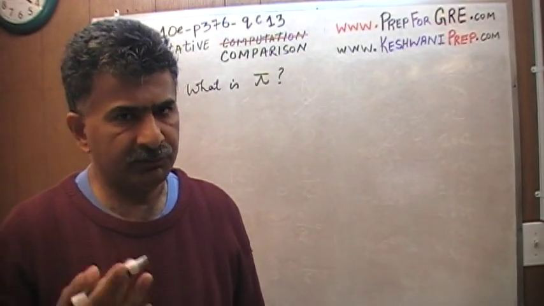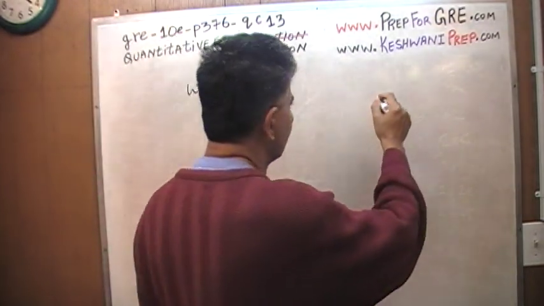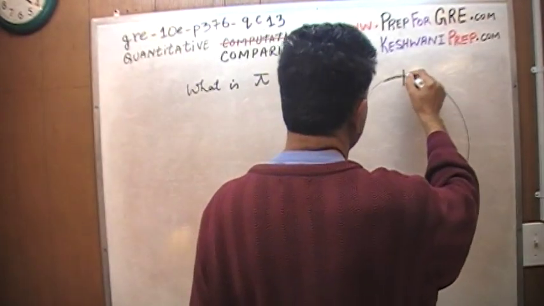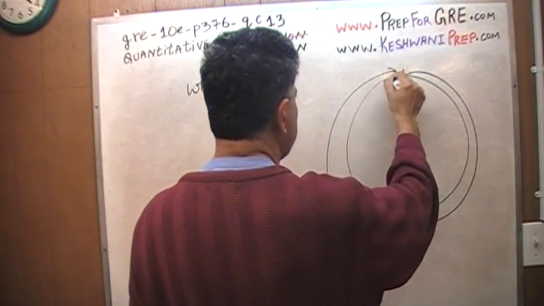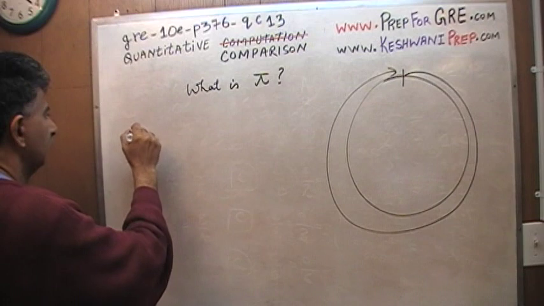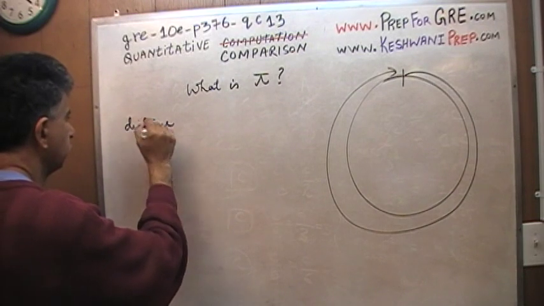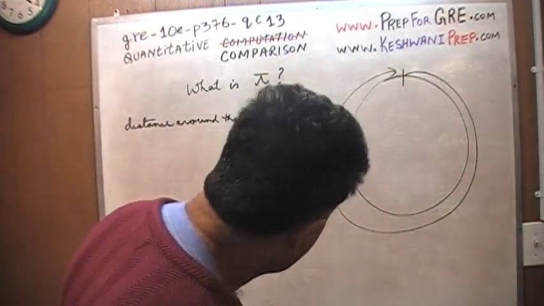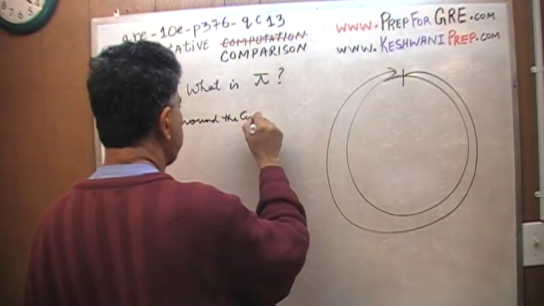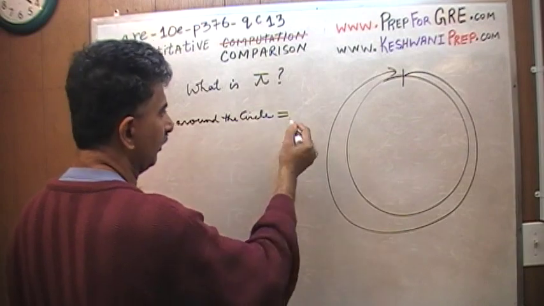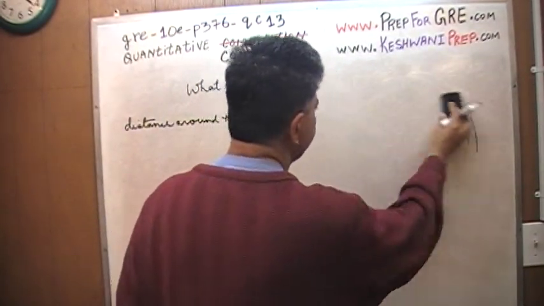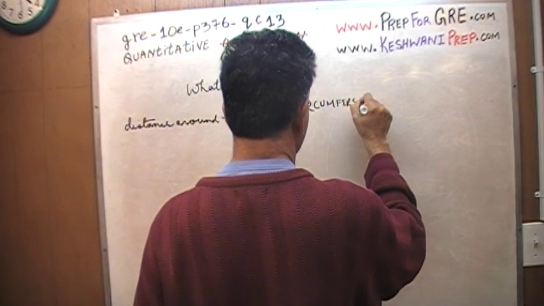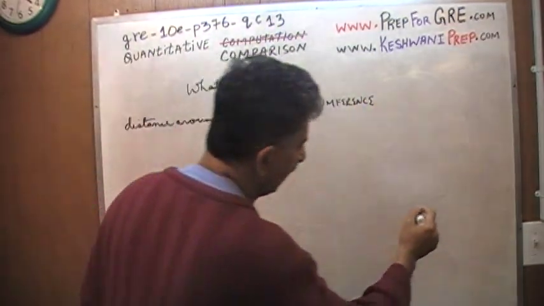It is the way nature created the universe, where if you were to draw a circle, and if you were to measure the distance around the circle, which is of course what we call circumference.